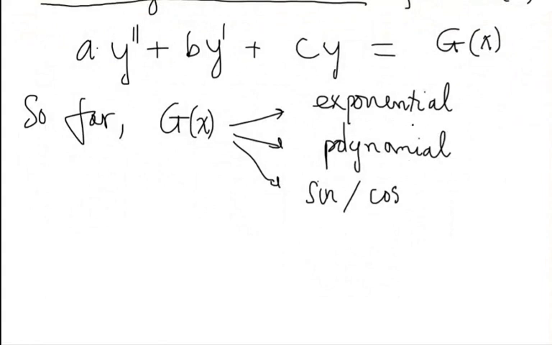And for each case, we have an initial guess for capital Y. And if the initial guess does not work because it coincides with y1 or y2, then we need to modify it by multiplying by x. But it may happen that g(x) is more complicated.